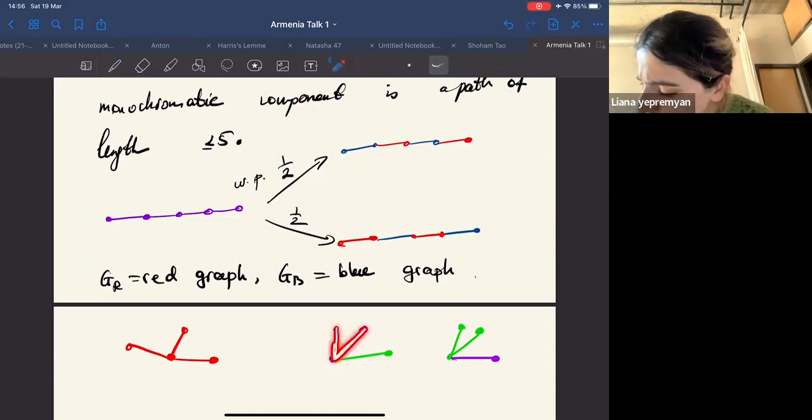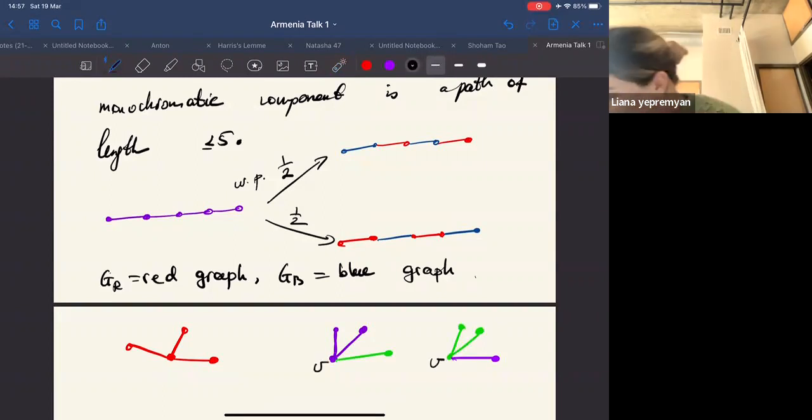So either there is a path of length at least 2 that passes through this vertex, and this green one just starts here, maybe goes green afterwards, but it starts here. Or there is a path of length at least 2 passing through this vertex V, and then it becomes purple.